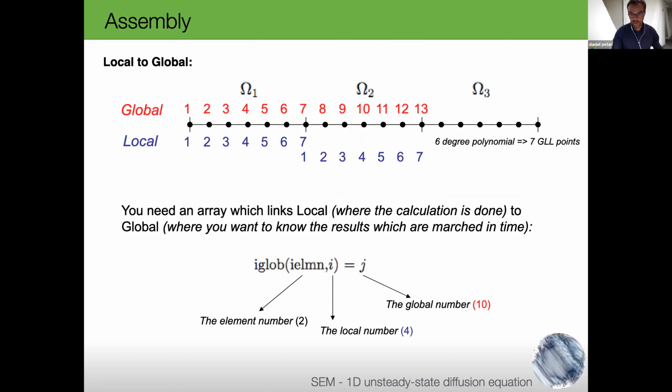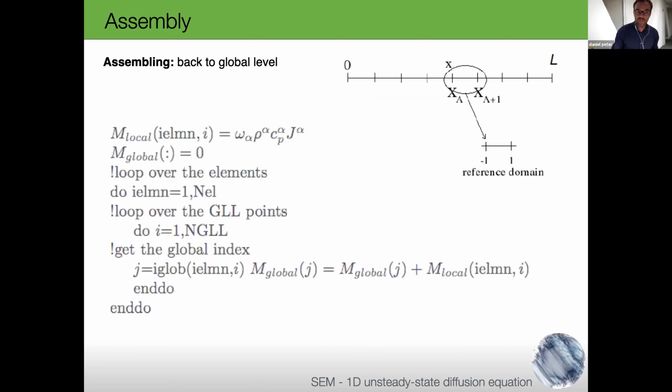Then comes the assembly stage with this matrix, like the location matrix, to go from a local index to a global index. And with that, for example, the assembly for, let's say, the mass matrix or the capacity matrix would look something like that.